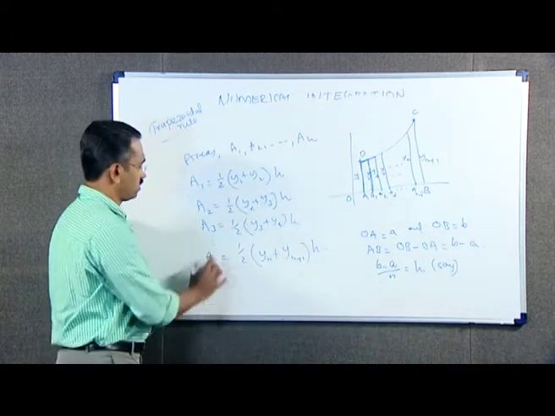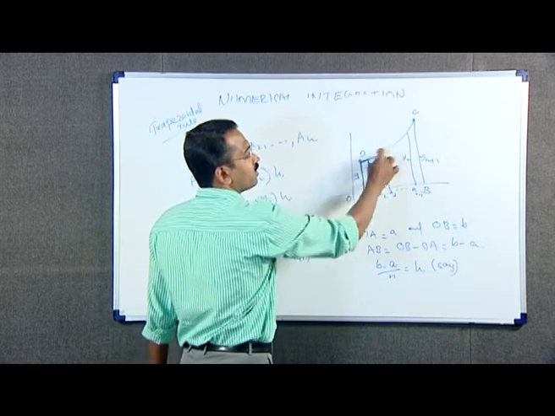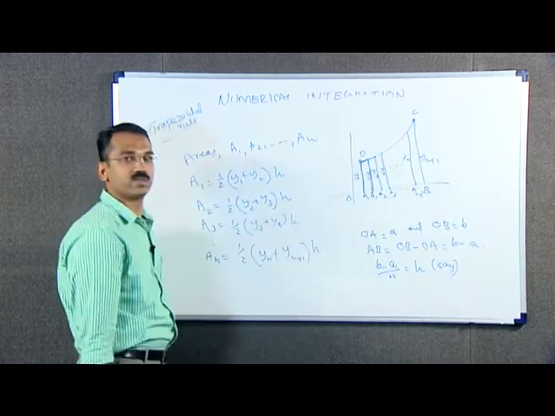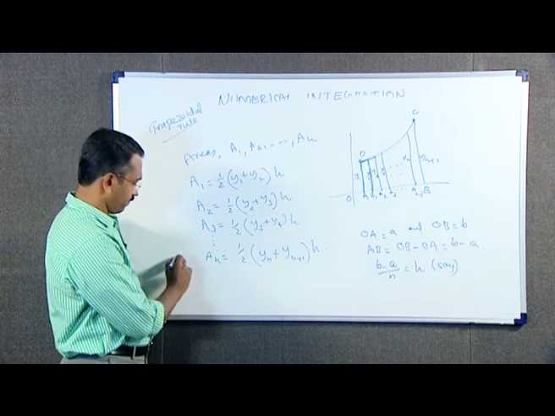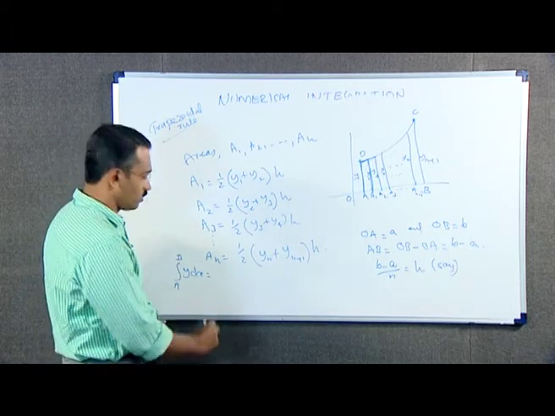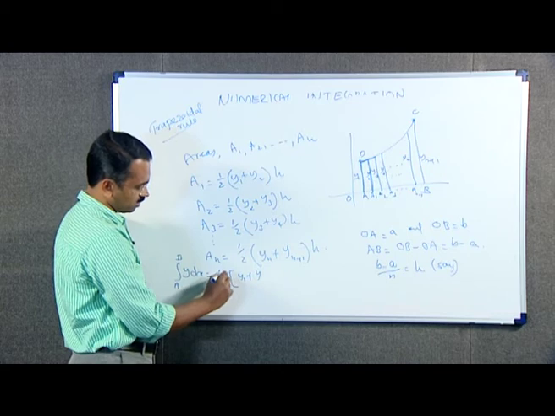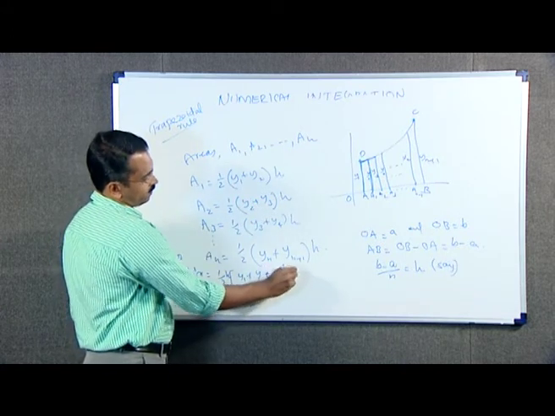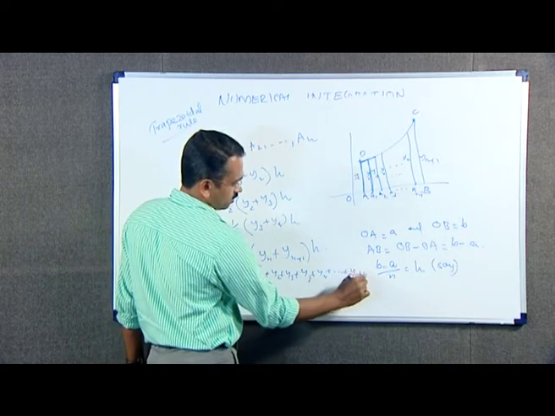Now, we add these areas, we get the total area. Total area means the area under this curve DC above the x axis and between the ordinate at a and the ordinate at b. That is, the total area is the integral from a to b of y dx, which is equal to 1 by 2 into h, into y1 plus y2 plus y2 plus y3, then y3 plus y4 plus etc. plus yn plus yn plus 1.